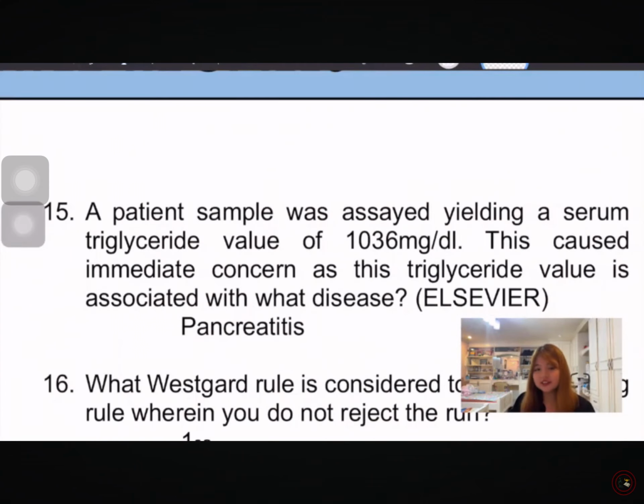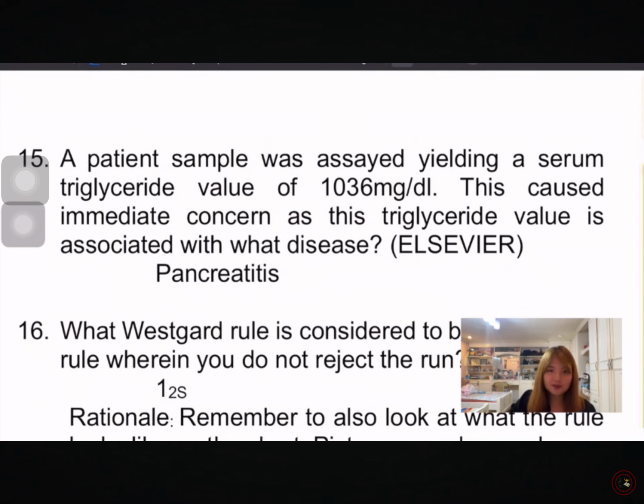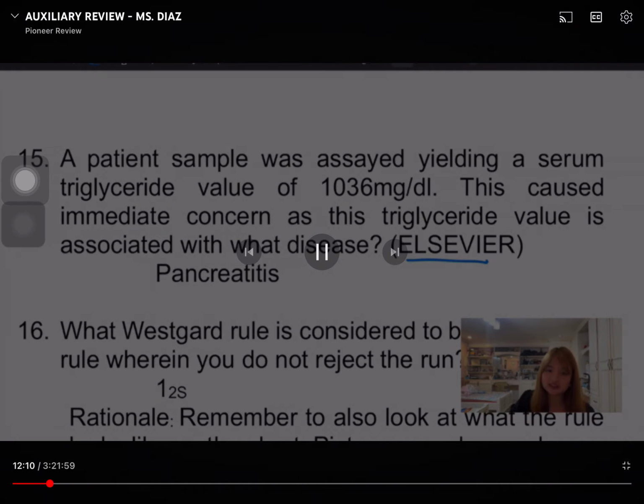So yung next question natin is a question na lifted directly from Elsevier. One of my biggest regrets din ng board exam, guys, is hindi ako nagbasa ng Elsevier. And unfortunately, maraming lumabas na hindi lang sa CC, pero sa mga ibang subjects din that you will see later.